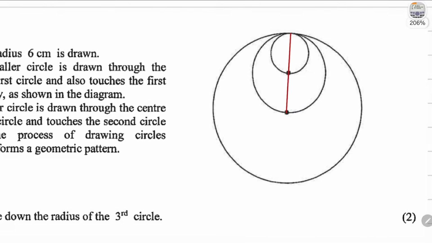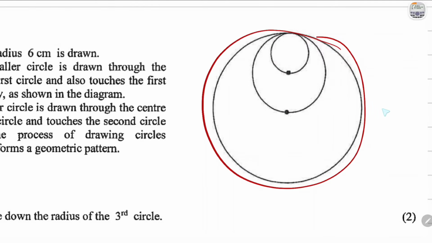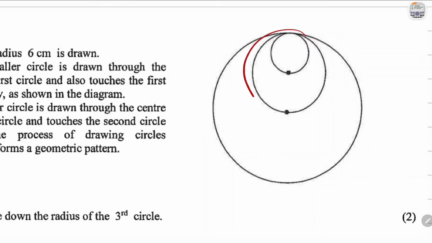Let's actually speak about what that means. They told you that you have a circle, that's the bigger one, and then there's another smaller circle drawn. Because the second circle passes through the center of the bigger circle, and it also touches its circumference, you look at the bigger circle: from the center to the circumference is the radius, and they told us that was 6 centimeters.